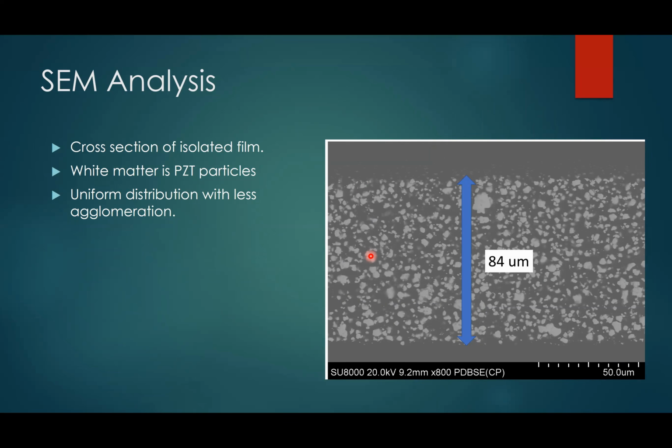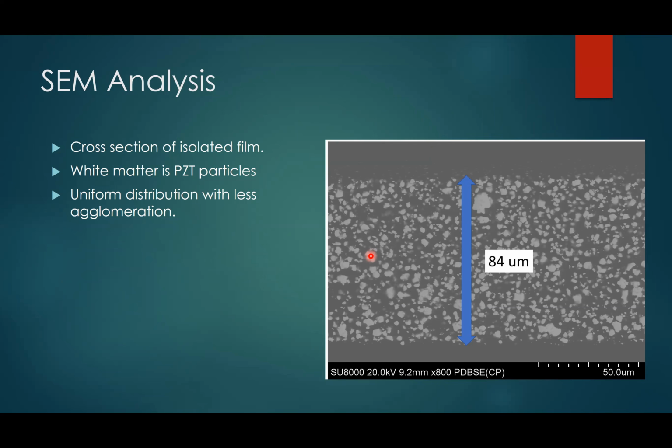We found that for the 28 volume percentage film, we get a piezoelectric charge coefficient of around 78 picocoulomb per Newton, which is still 3 to 4 times higher than what you get from PVDF film.